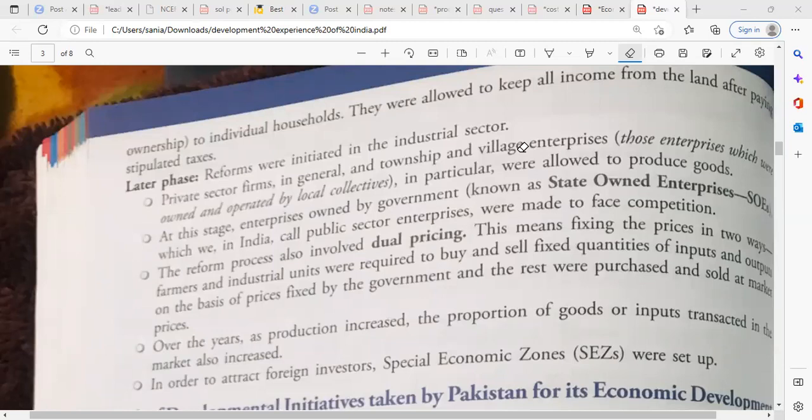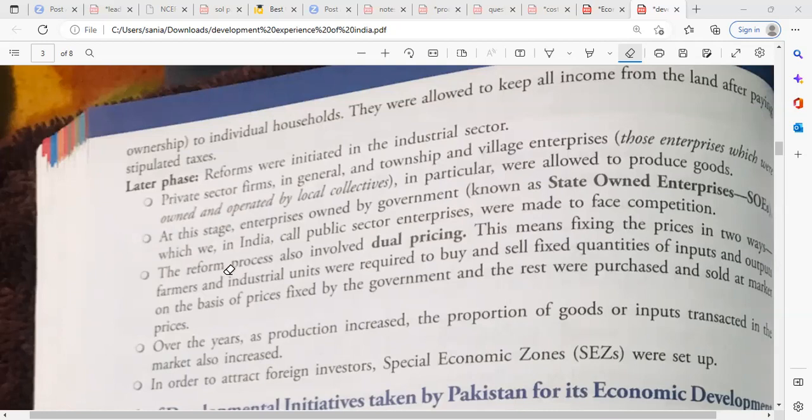Secondly, at this stage, enterprises owned by the government, known as state-owned enterprises, were also allowed. Why? Because the government wanted to create competition, so the public sector as well as the private sector were allowed.